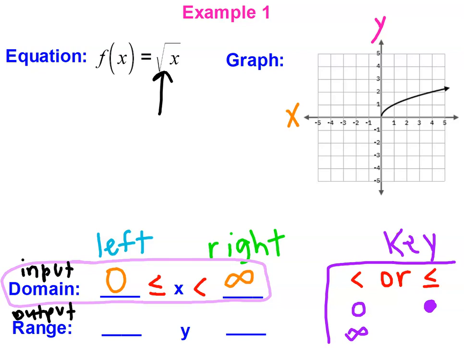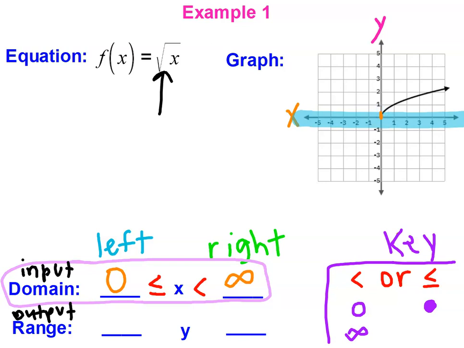Now look at the graph, right? You're going to look bottom to top now. What is the lowest, most bottom y value on the graph? All right, so you're going to look up and down. What's the lowest y value? Well, it looks like it doesn't go below the x-axis, so where y is 0. So right here is the lowest point on the graph, 0, 0.